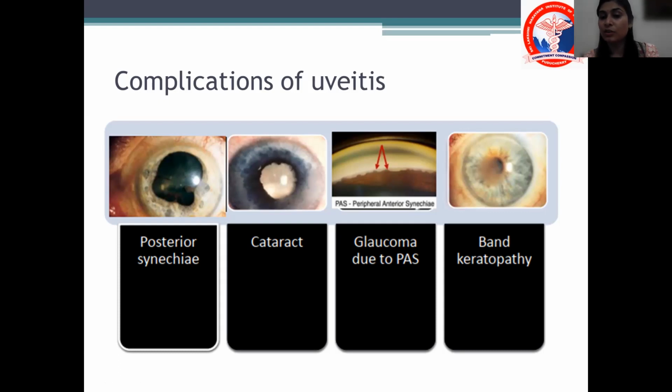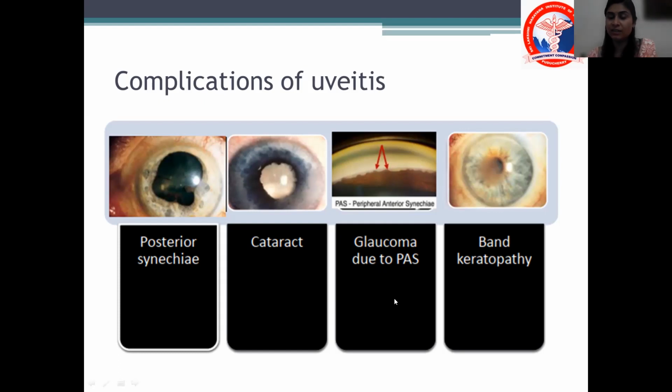There can be formation of peripheral anterior synechiae. This is a gonioscopic picture of the angle of the anterior chamber. These are attachments of the iris root. They are called peripheral anterior synechiae. They block the angle of the anterior chamber, causing blockage in the aqueous drainage.